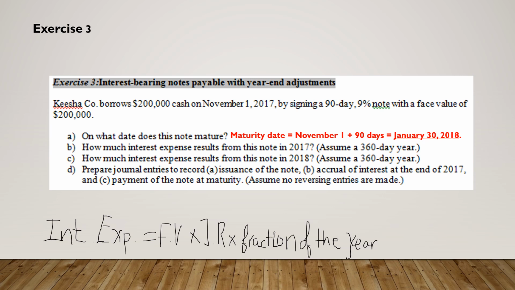Okay. B. How much interest expense results from this note in 2017? And in C, how much interest expense results from this note in 2018? So we want to calculate the interest in 2017 as well as in 2018, assuming of course that there are 360 days in a year.